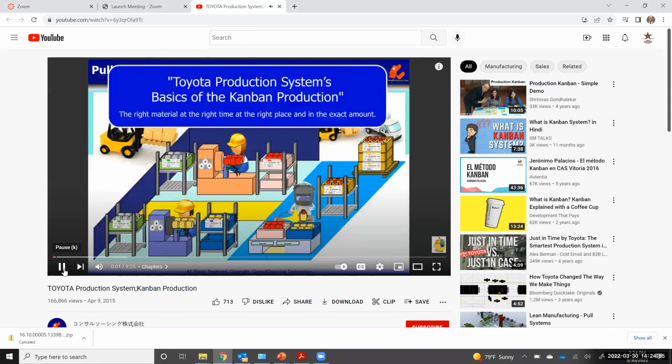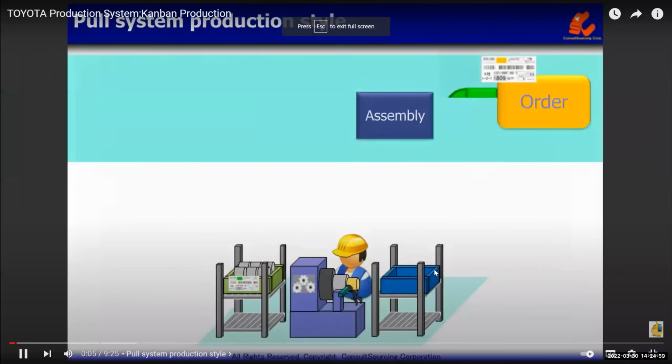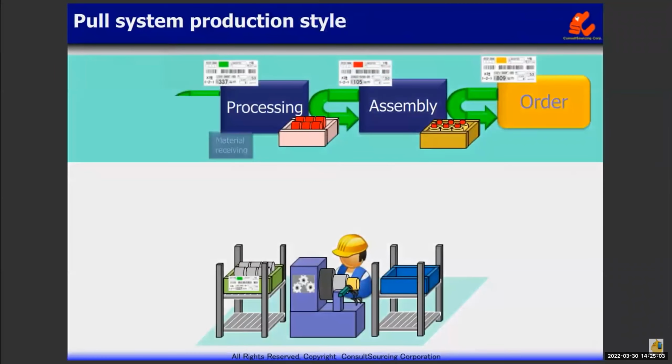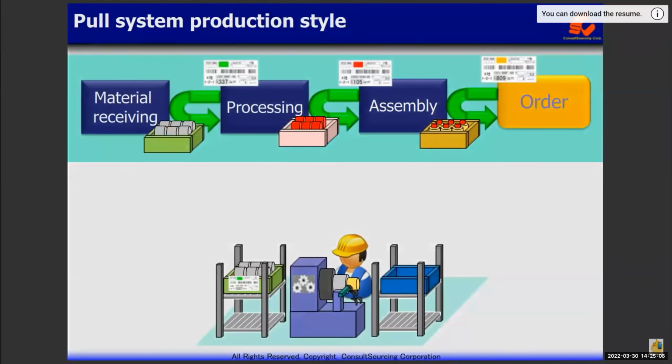Let's look into the details of the pull production style. This style is based on the orders received. It assembles products only for the amount of order received. Then it processes the quantity used for assembly, and likewise procures materials for the volume that has been processed. Wait until we get an order.